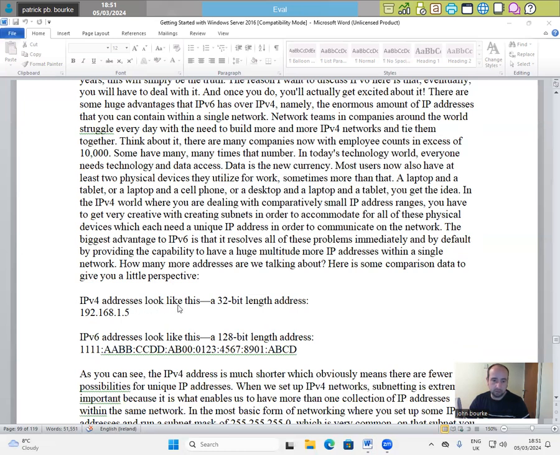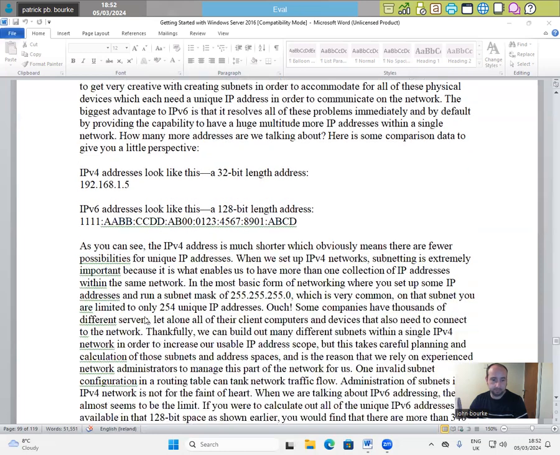An IPv4 address looks like this: a 32-bit length address, 192.168.1.5. An IPv6 address looks like this: a 128-bit length address, 1111:AABB:CCDD:AB00:0123:4567:8901:ABCD.